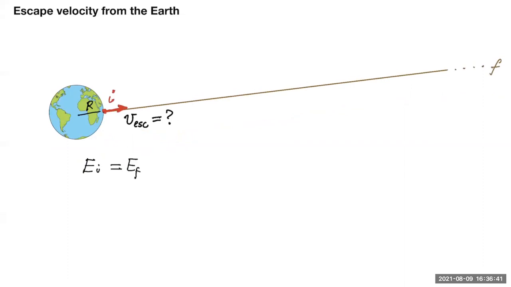Okay, so initial is K initial plus UG initial, right? And the final energy is K final plus UG final. K initial is 1/2 m V escape squared. Isn't that what we're looking for? V escape. And UG initial, what is that equal to?